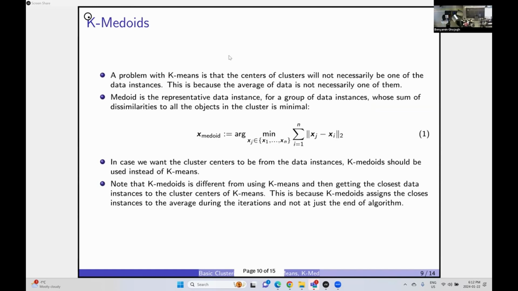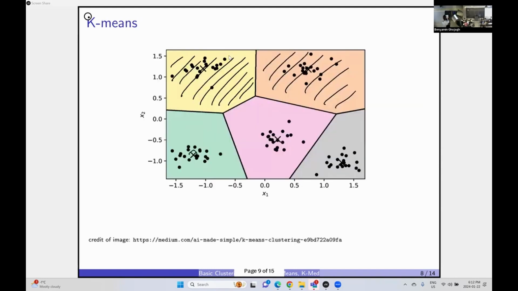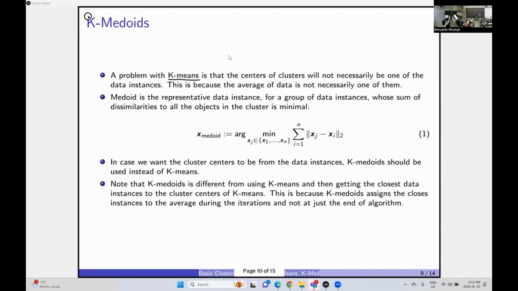K-medoids. One problem with K-means is that its cluster centers are not necessarily one of the data points, like this. Here is not one of the data points, right? In some applications, I want the cluster center to be one of the data points. In this case, I can use a medoid. What is a medoid? A medoid is a representative data instance for a group of data instances whose sum of the dissimilarities to all objects in the cluster is minimal.